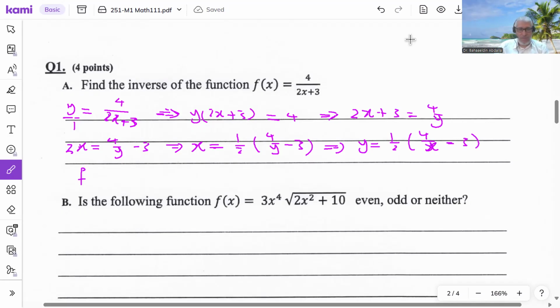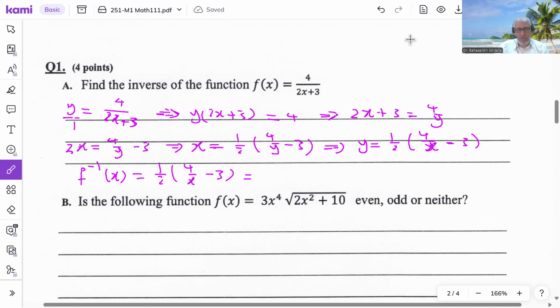And finally, I replace y by f inverse. So f inverse of x would be half times 4 over x minus 3. You can leave it like this, or you can add these two fractions.